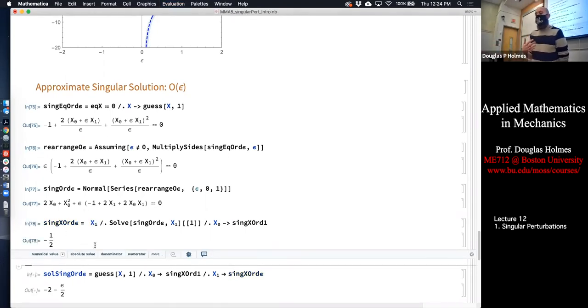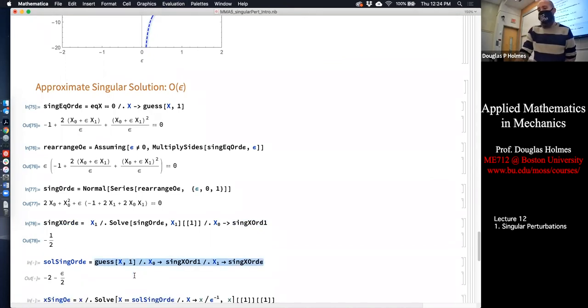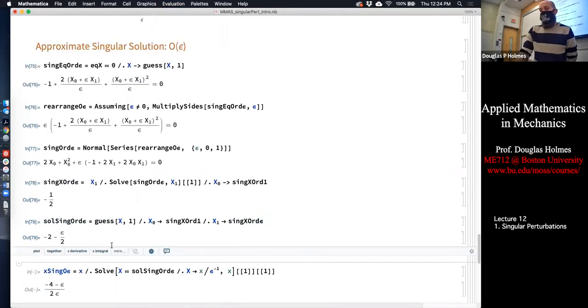And then here again, you have to remember, once you find the coefficients, you have to go back to your guess and insert the values you have for each coefficient. So you insert in x naught, and you insert in x sub 1. Now my equation to the next order in epsilon looks like this: -2 minus epsilon over 2.